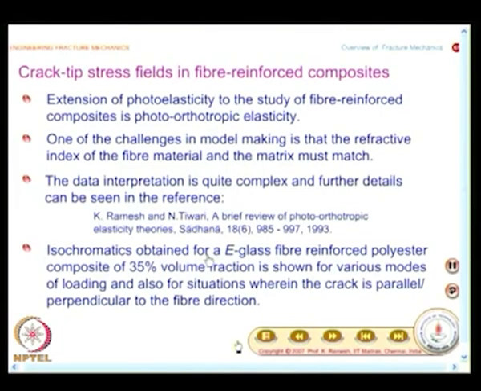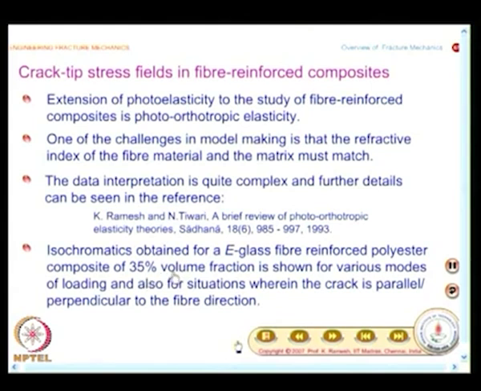And two problems have been studied. If I have a crack parallel to the fiber or perpendicular to the fiber, how does the crack grow, and what is the kind of stress field which you could see, what kind of isochromatics can you obtain. This has been done for an E-glass fiber reinforced polyester composite of 35% volume fraction.